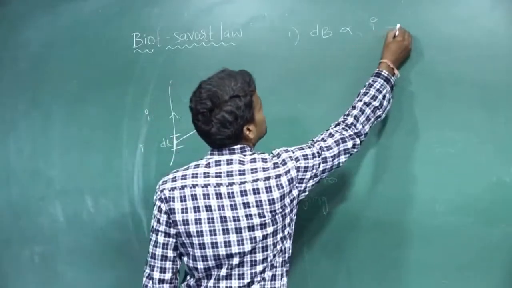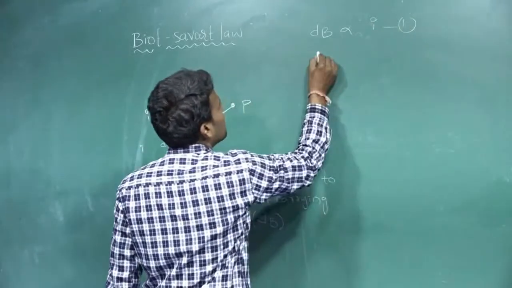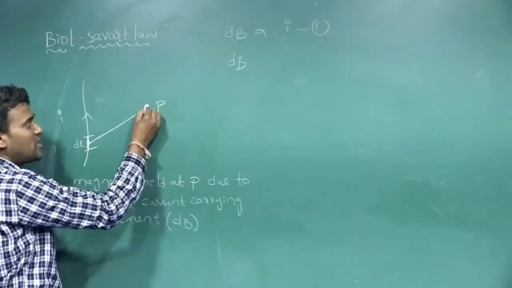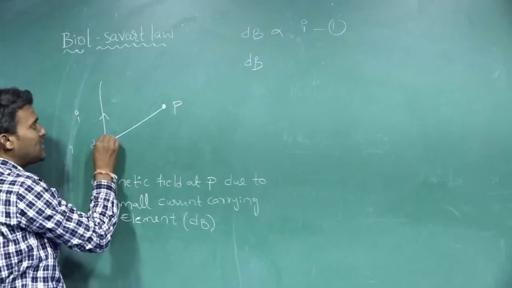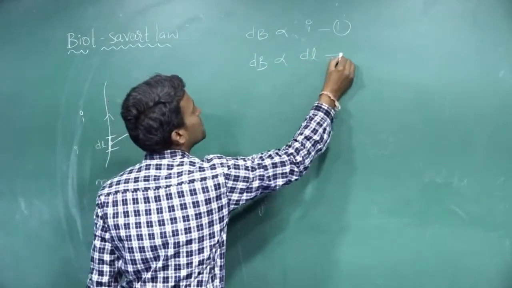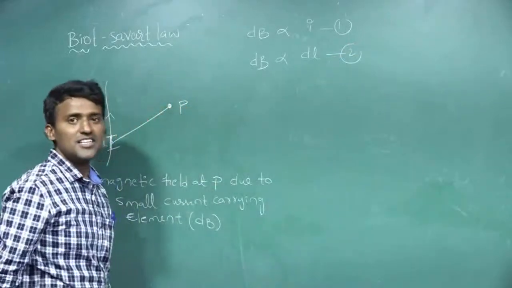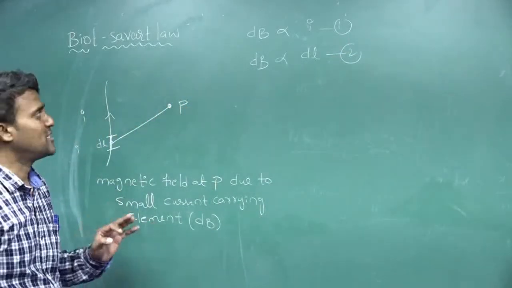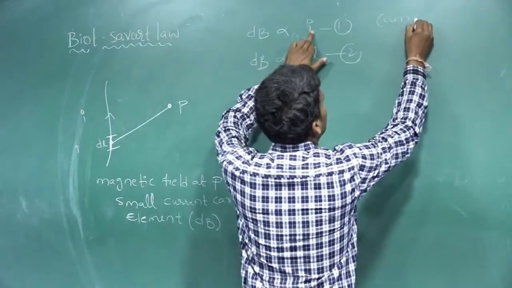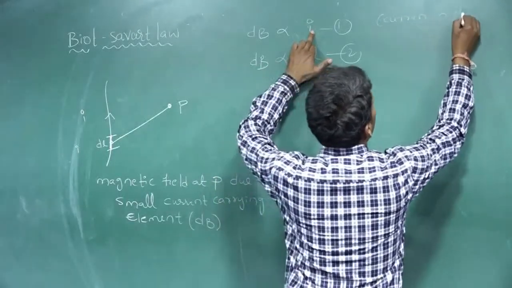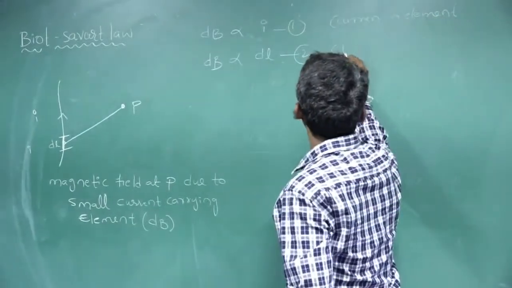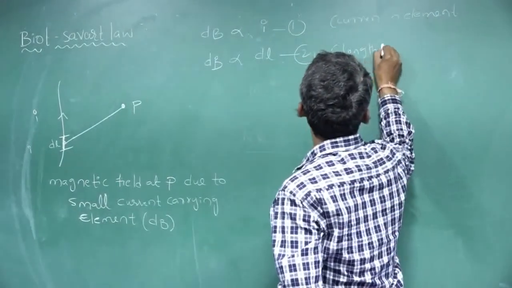And second, that is equation 1, the magnetic field at point P due to the element is directly proportional to the length of the element. dl is the length of the element.